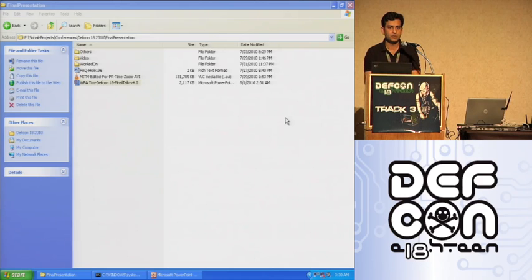So I'm going to access my attacker machine with the help of VNC software so that you can also see what's going on on the attacker machine.